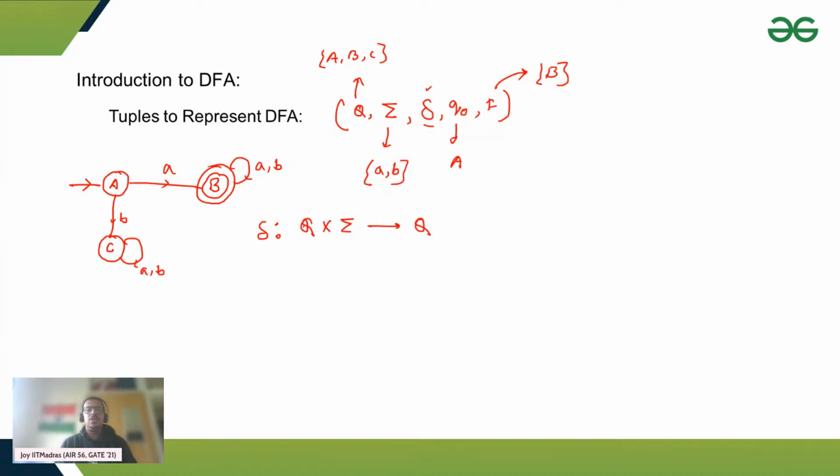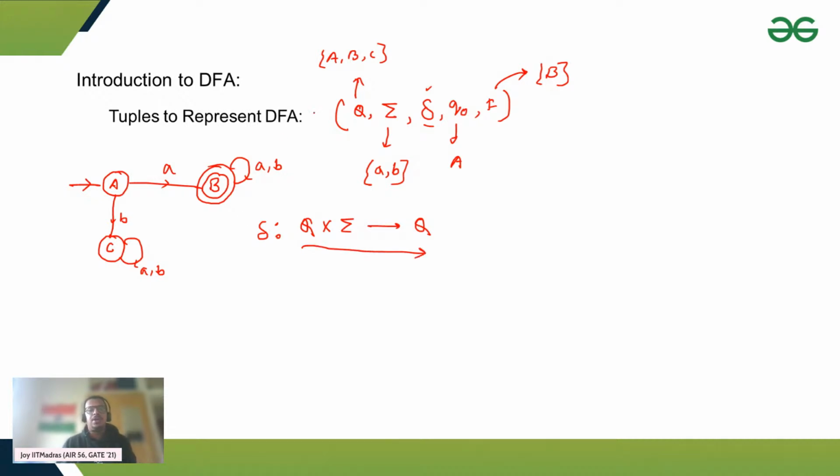Q contains all the states, and sigma is all the input alphabets, all the characters, all the symbols that we can use. Given one state and one alphabet, we will be going to another state. That is the main purpose, right?